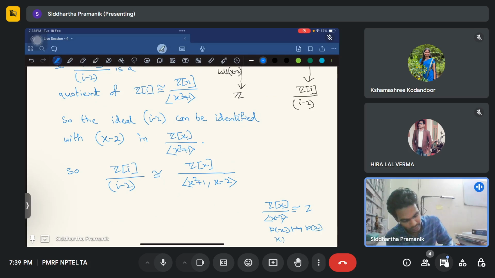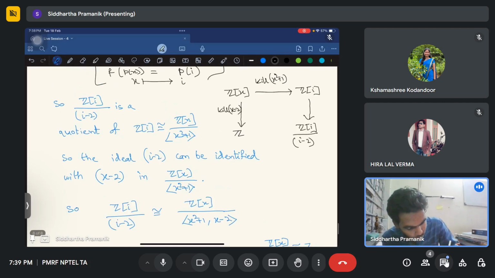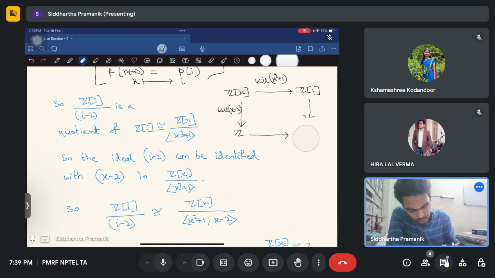So that means x is going to 2. So now we want to go here. So actually not this quotient. So what will be this quotient?